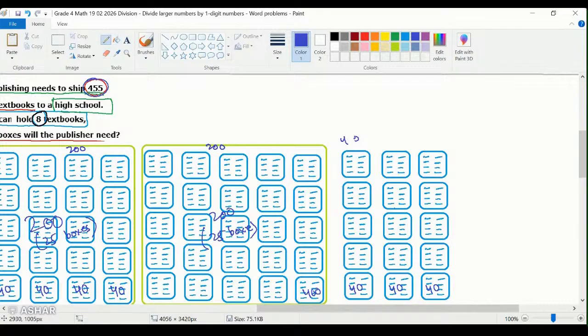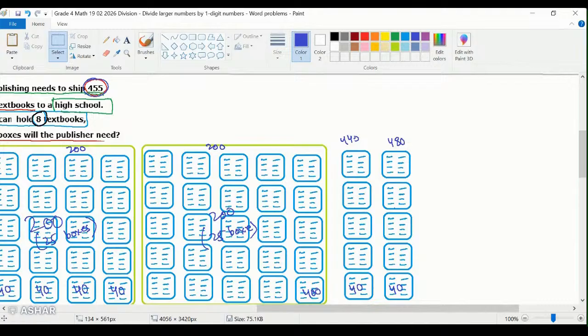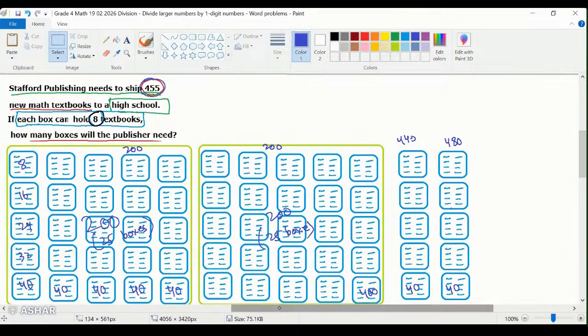See, it was easier by working it out. This is very difficult because we are doing a lot of construction over here, right? 440. Okay, perfect. Okay, these were 50 boxes, 440. We need 455.